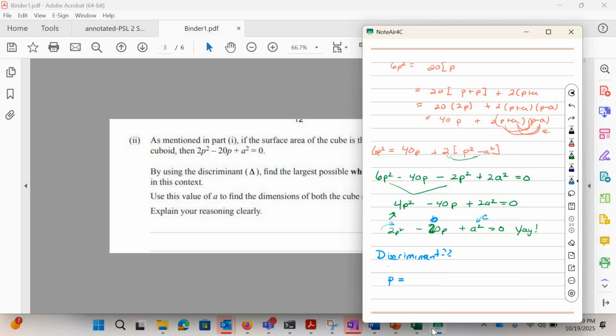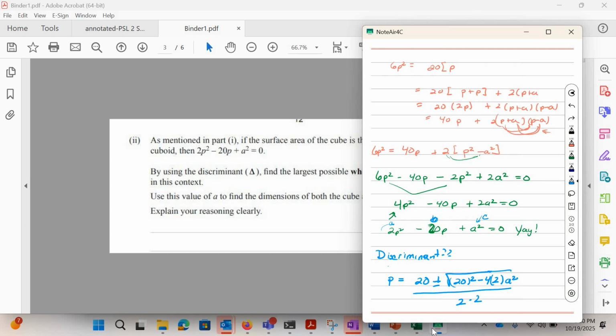So b is minus 20, so the negative of negative 20 is 20, plus or minus the square root of b squared, so that's 20 squared, minus 4 times a, which is 2, times c, which is a squared, and that's all divided by 2a, which is not the same a, it's the blue a, so that's 2.